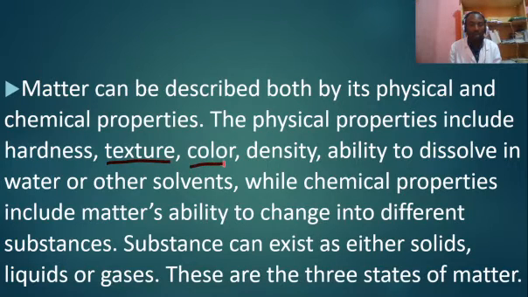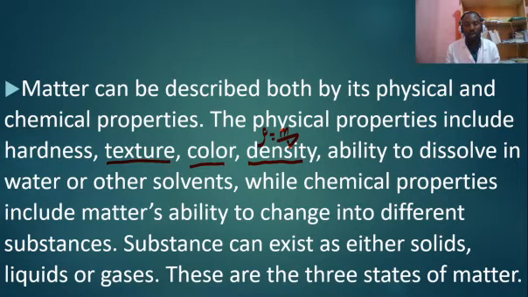Talk about the color of the matter, talk about the density. Remember, density is given by mass over volume. We also look at the ability to dissolve in water or other solvent. You know, there are matter like kerosene that will not dissolve in water.